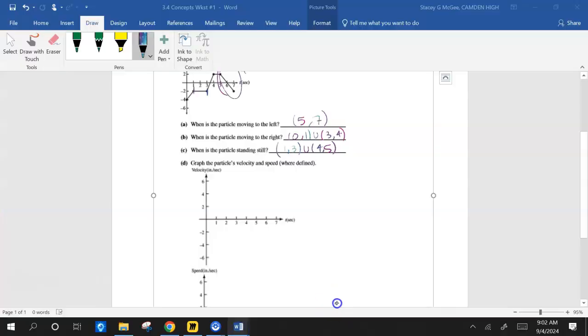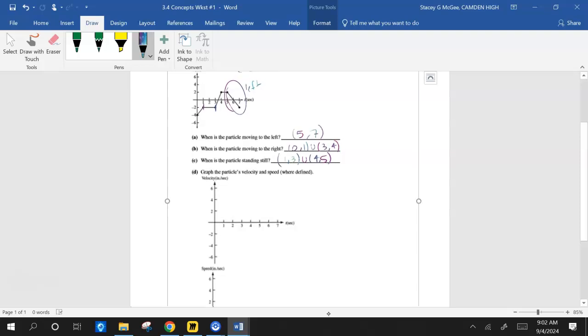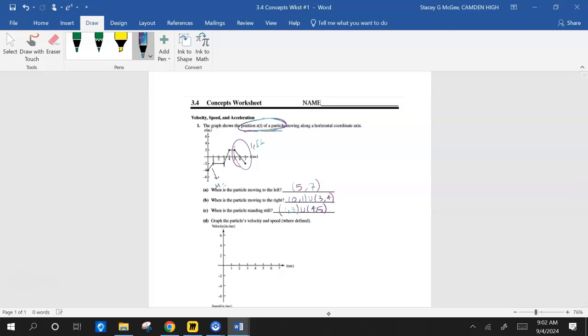What? Wait, y'all don't know how to do these graphs? Well, it's just the slopes each time. What's the slope? Yeah, 2 over 1, which would be 2.